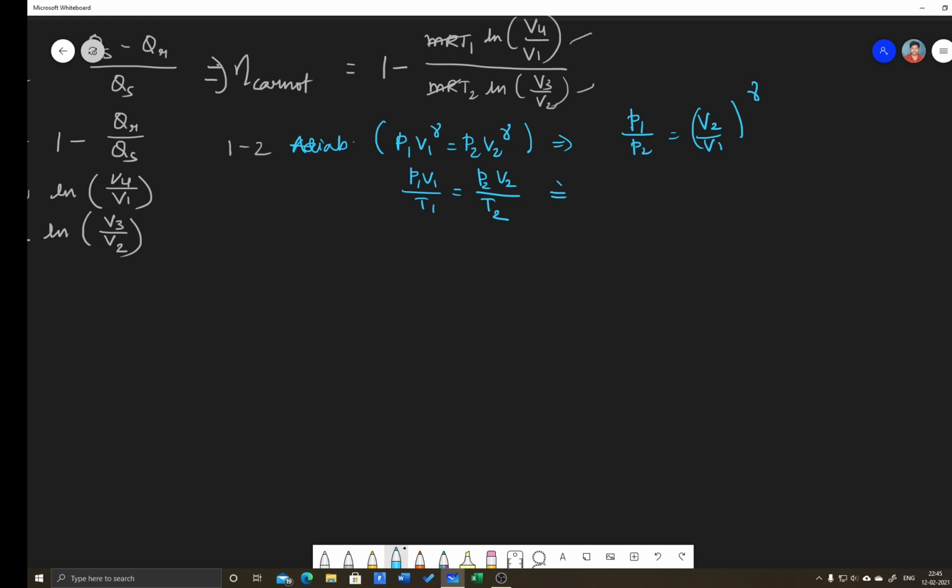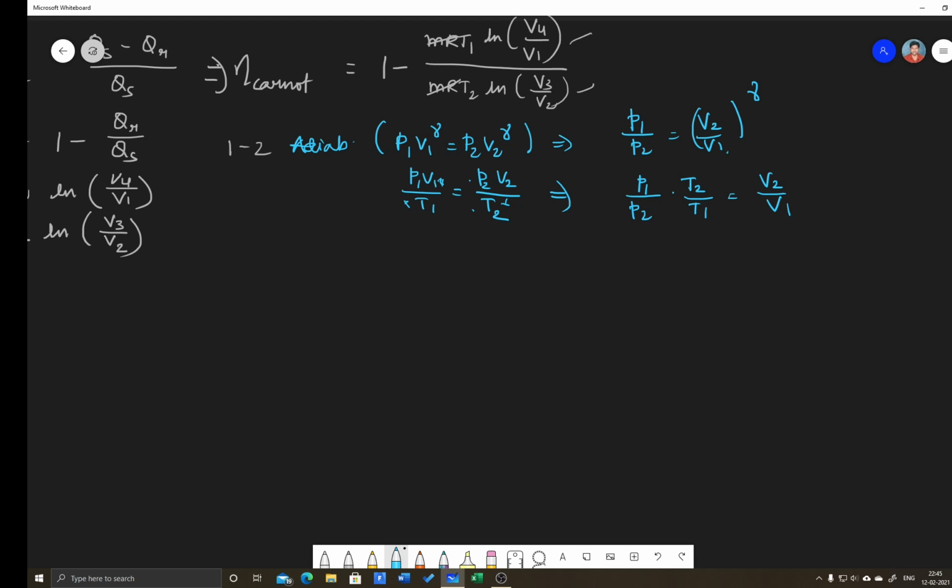If you substitute this here, P1 by P2 into T2 by T1 equal to V2 by V1. P2 is coming this side, V2 is coming this side, and T2 goes here. So P1 by P2 into T2 by T1 equal to V2 by V1.